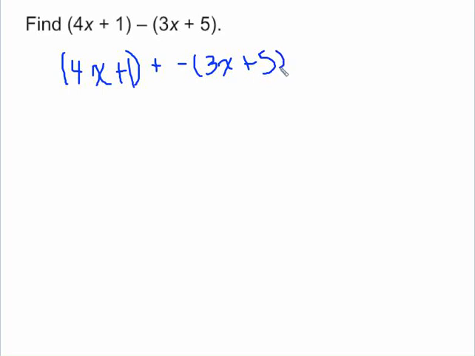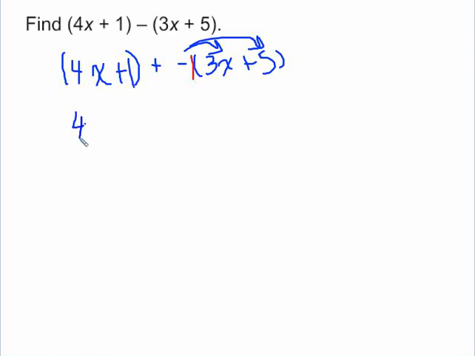So what this is telling me to do is to take the opposite of everything in the parentheses, or to distribute the negative to the 3x and to the 5. And if you're thinking to yourself, how can I distribute a sign? Well, we know that a coefficient of 1 doesn't need to be written, so you can think of that as being a negative 1 outside of the parentheses being distributed in.